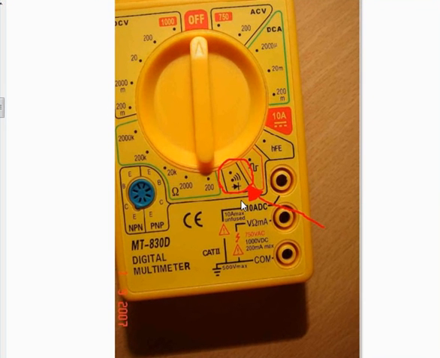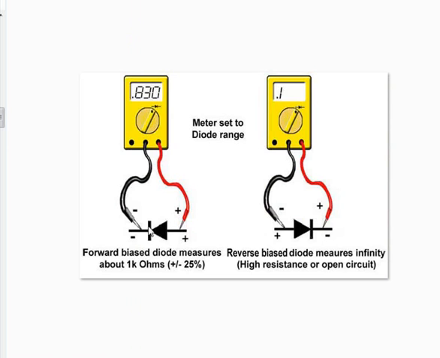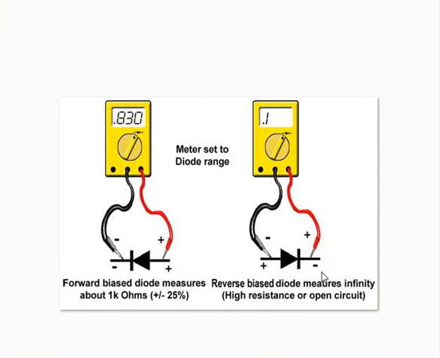We are not using the diode mode. This is the diode mode, and we are not using it. We are using the resistance mode as far as the photodiode is concerned. So for the photodiode, you will get some reading in the reverse bias situation when you keep it at the 2000K resistance range, not in the diode mode as shown here.